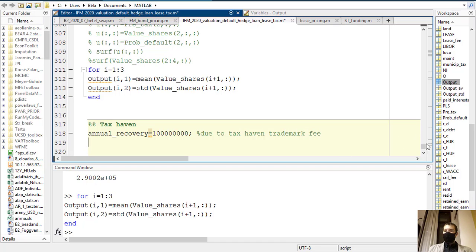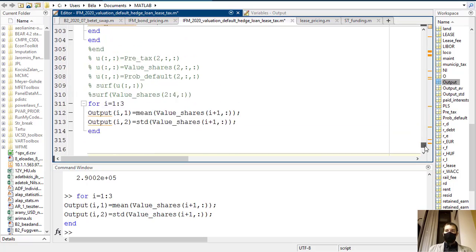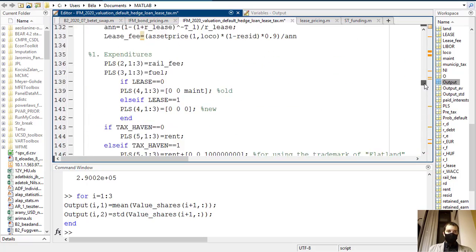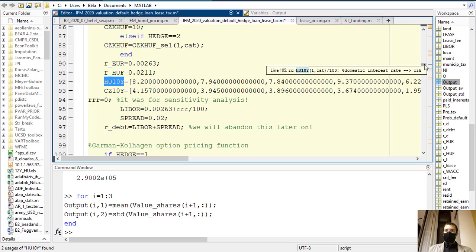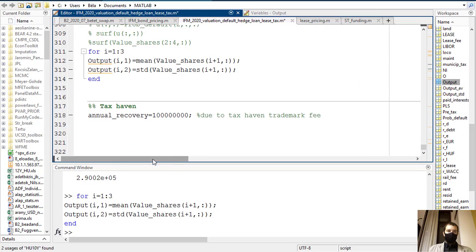So if we are investing this in government bonds annually, and it has the following yield, then actually we can have something like this.